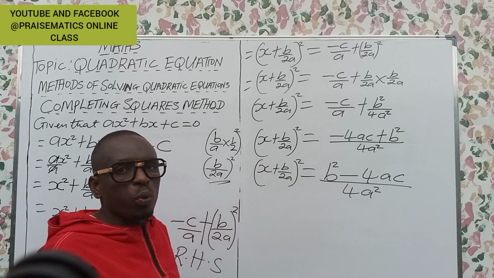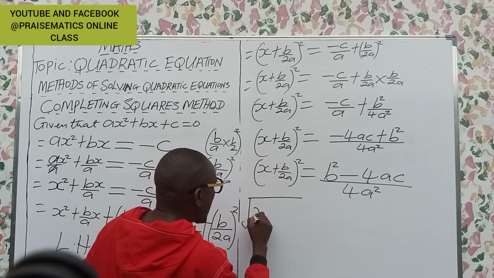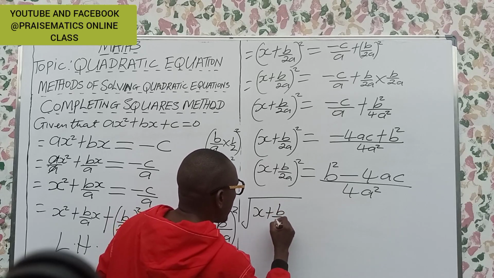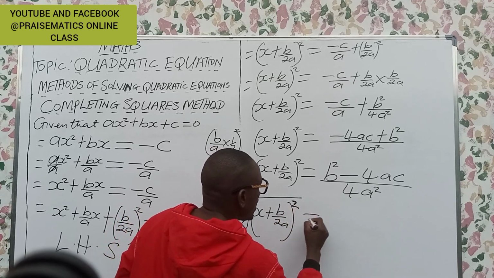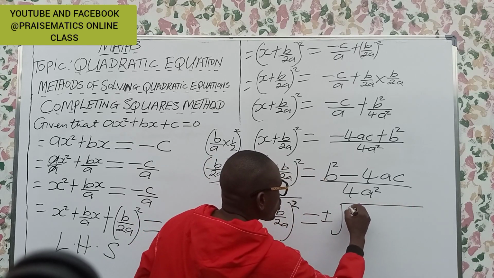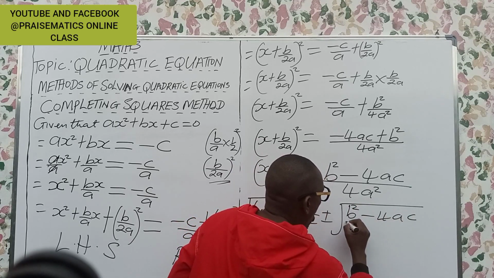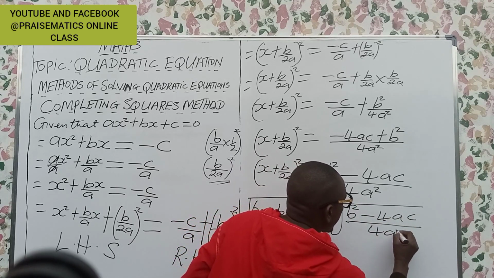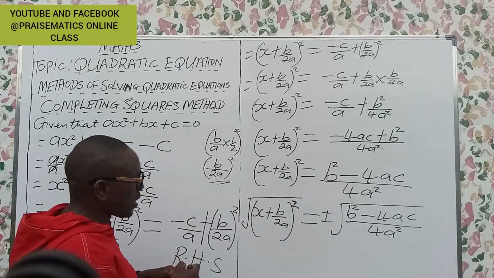That is, square root of x plus b over 2a all square is equal to plus or minus, because of the square root, plus or minus square root of b square minus 4ac all over 4a squared. And that is all we have.